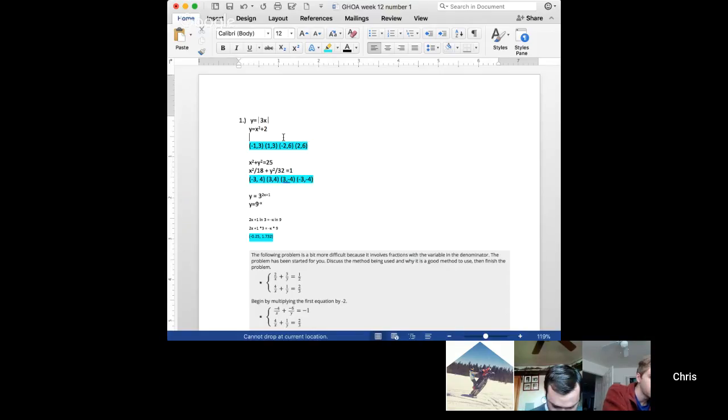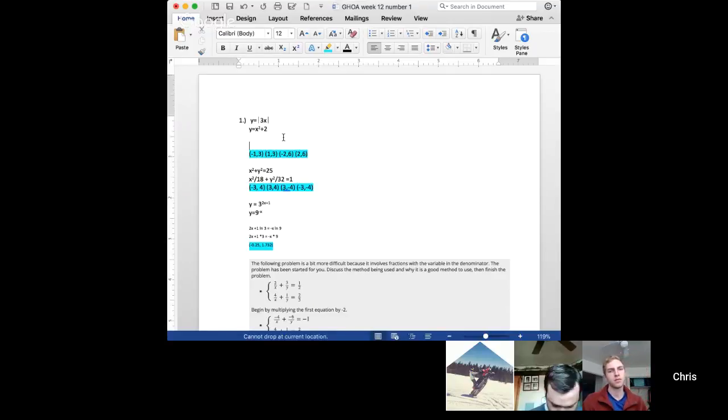Oh, gotcha. I guess I'll do the first one with substitution. We have to find out what x is. So x squared. So you just substitute absolute value 3x for x in the second one, or the other way around.